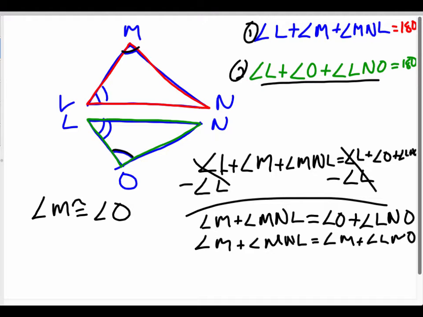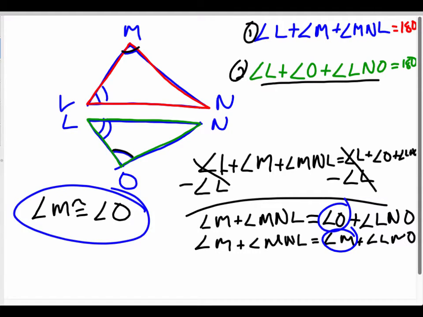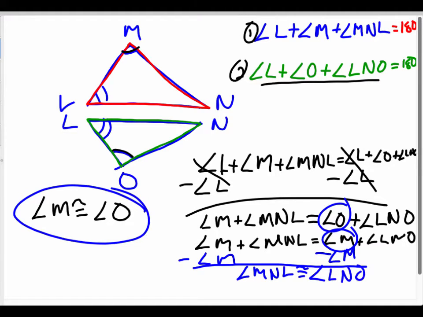Right? So I can justify substituting this in for O because they're congruent. Now I simply say minus angle M, and I get angle MNL is congruent to angle LNO.